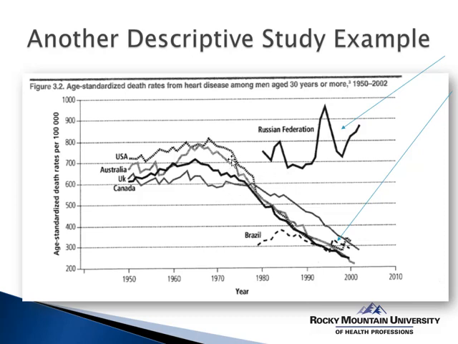Well, could it be that maybe there were changes in understanding of smoking? Could it be that there were new drugs or new surgical procedures that came about that helped this? Understanding of diet and nutrition. So we see that over time, these Western countries, they got down to the level where Brazil always kind of had been.